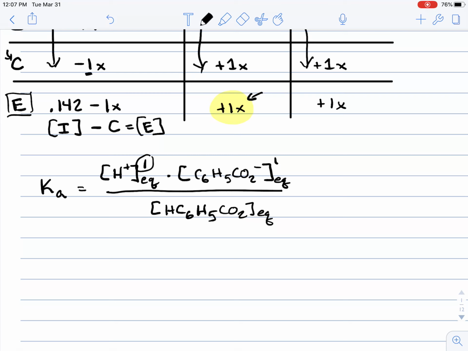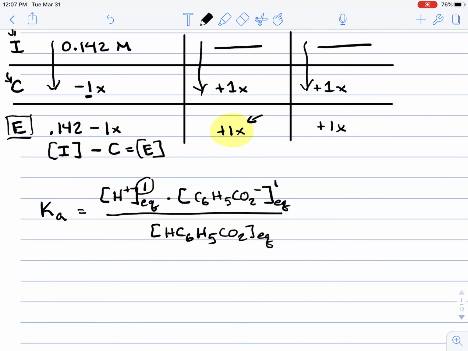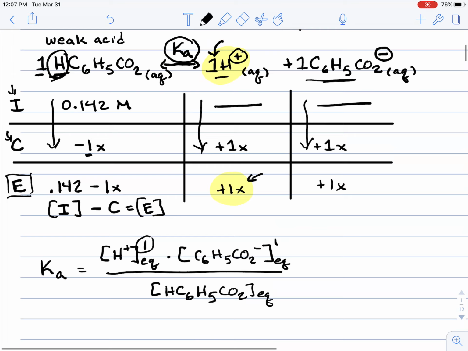So now that we've written the mass action expression, what we are going to do is plug in what we've written down to what they represent. And since the benzoate is represented at equilibrium with just the variable x, we're going to plug in x in place of that chemical formula.